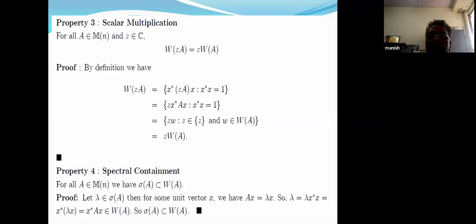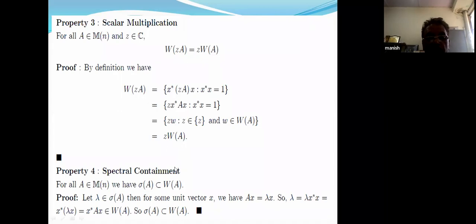This means the numerical range is rotated, contracted, and/or expanded. So this is simple by definition. Numerical range of zA we can write in this form, and then this equals z x* A x. x* A x is any element of the numerical range of A. So this equals z W(A).